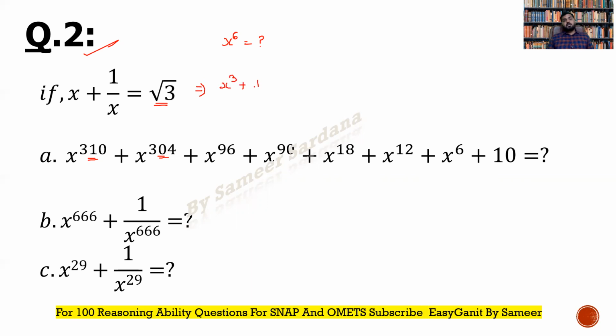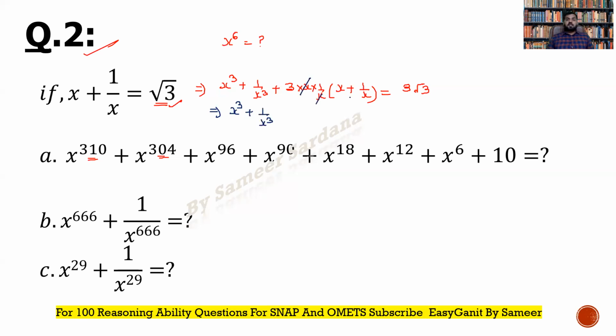a cube plus b cube plus 3 times of a into b into a plus b. Now this value will be equal to root 3 cube, which is equal to 3 root 3. Now, you see that this can further be written as x cube plus 1 upon x cube.